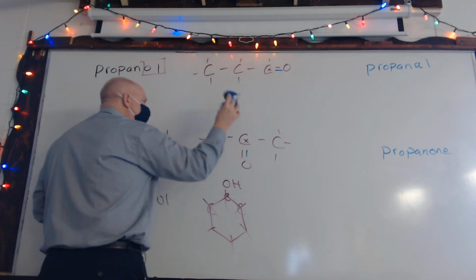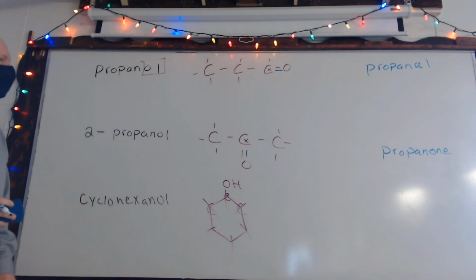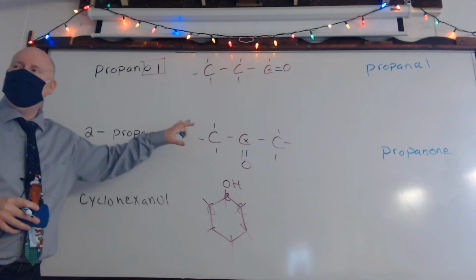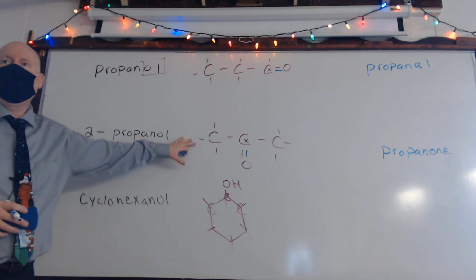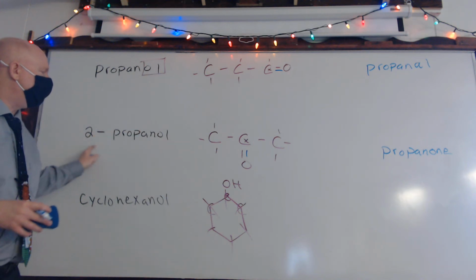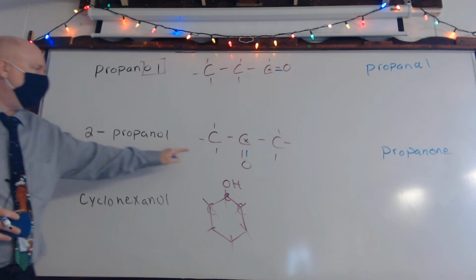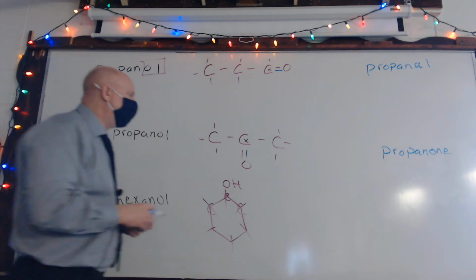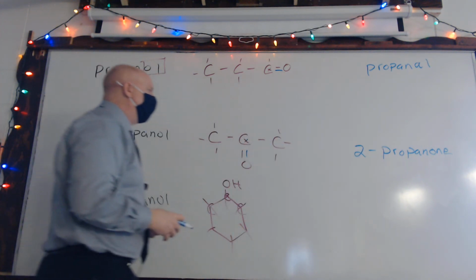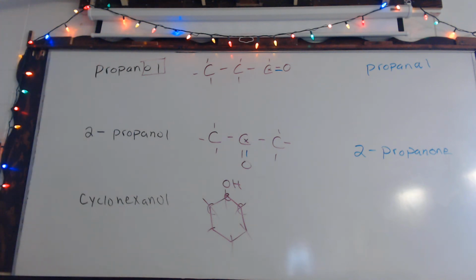So therefore, we're going to take him off. So now, there is no such thing as writing propanone like this. Just like when you had to say 2 where that OH group was, you still have to say where that double bond is. Therefore, you would change that to 2-propanone.